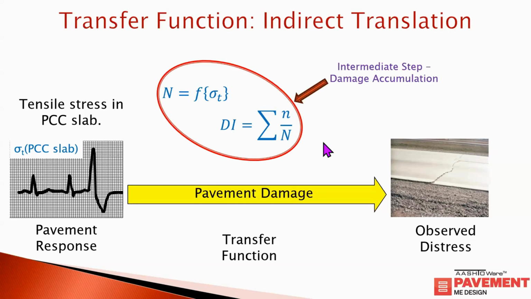And the intermediate step in this case is going to be accumulating the damage over time from different loadings and different climatic situations. And then once the damage is fully accumulated for all the possible loadings that are going to go on through the design life, then the fatigue cracking is going to be a function of that damage accumulation.